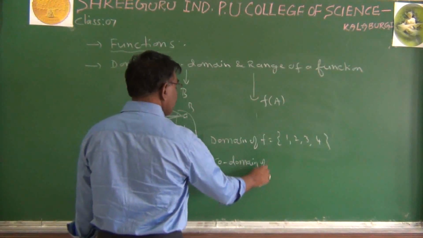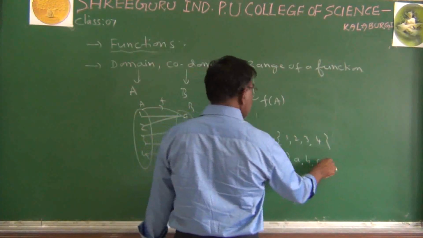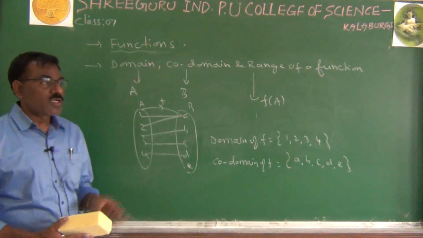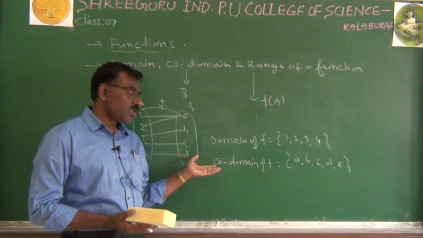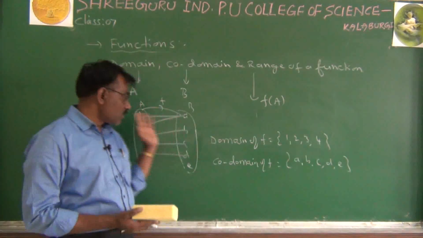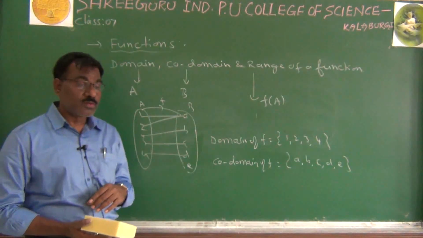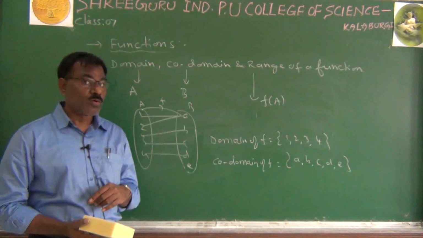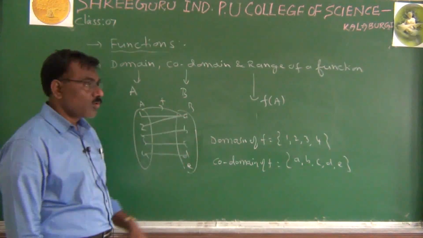Codomain of f is equal to A, B, C, D. The elements of set A are called domain and the elements of B are called codomain. Be careful, this is very important. Usually in function problems, domain and codomain are very important.